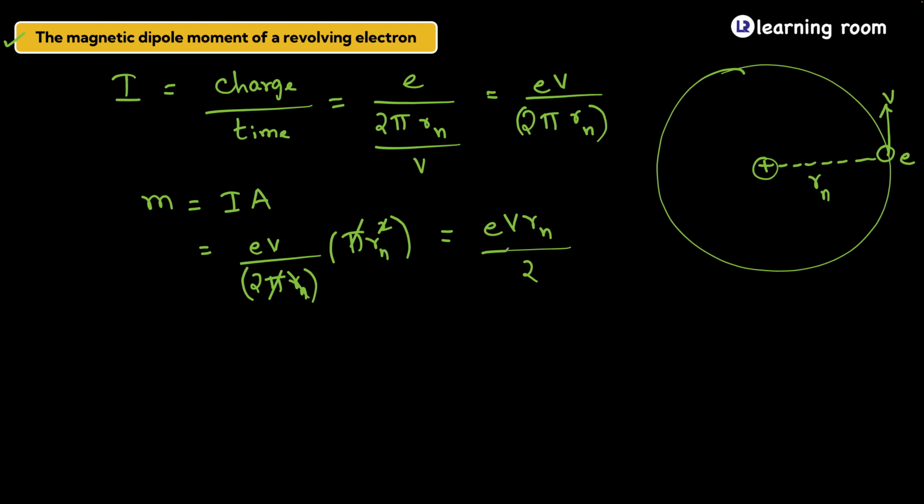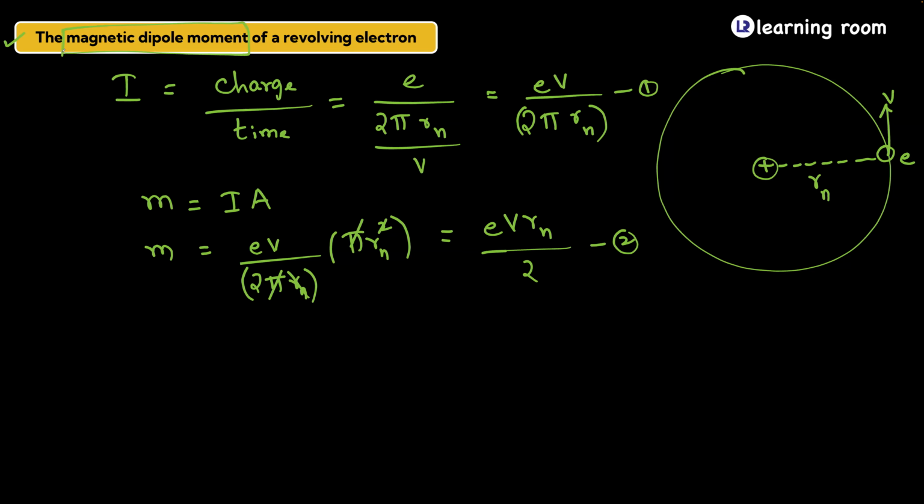So what is this? This is the magnetic dipole moment. So let me call this as 1. Let me call this as 2. So I'm still sticking to whatever they have asked us to do. They're asking me to find what is the magnetic dipole moment of a revolving electron. Now, the question is, I can say that this is the value. What is it? M is equal to E into V into Rn, the whole divided by 2.